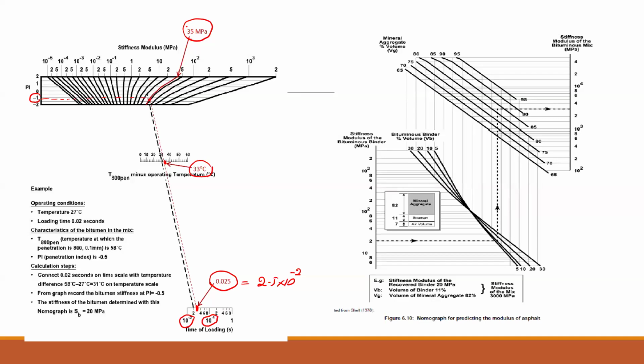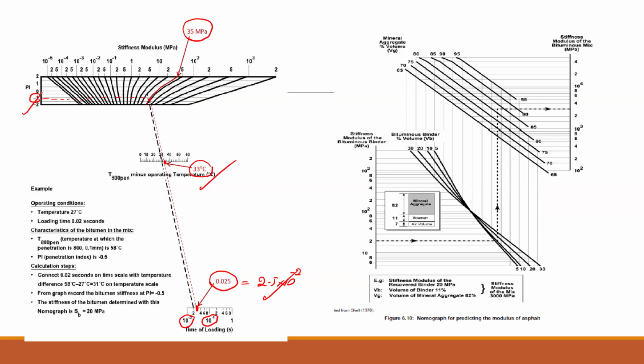Any question up to here? Are you okay with finding this 2.5 times 10 to the -2? Yes. 33 is okay. Penetration index is given. So connecting these points and getting 35 megapascals. Is that okay with you guys?